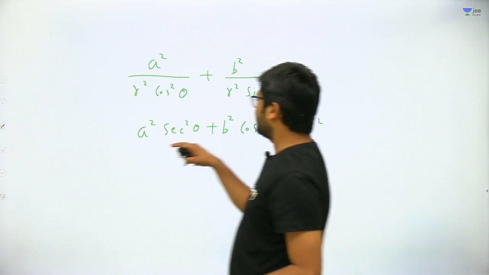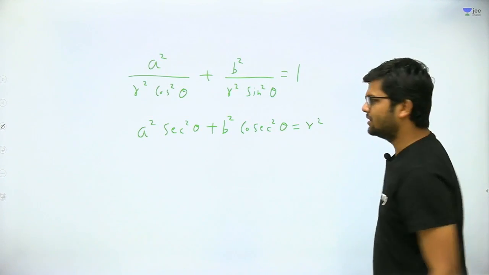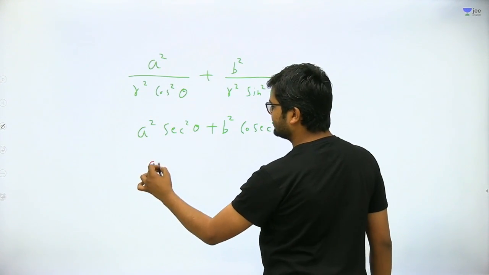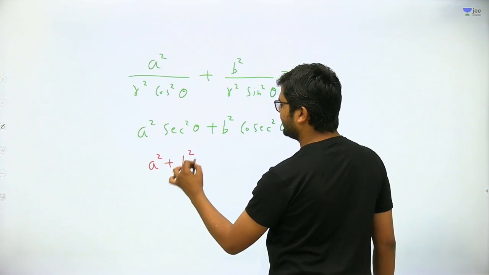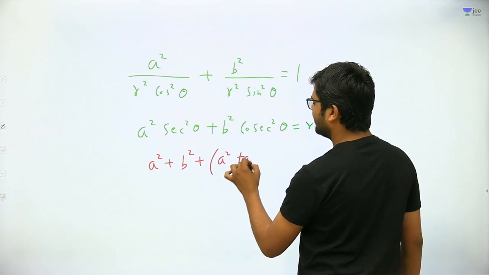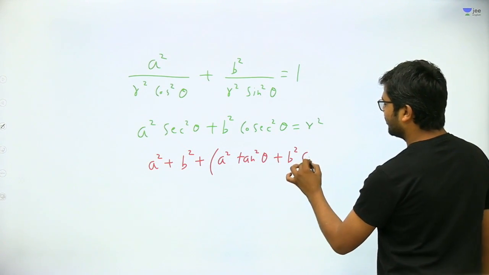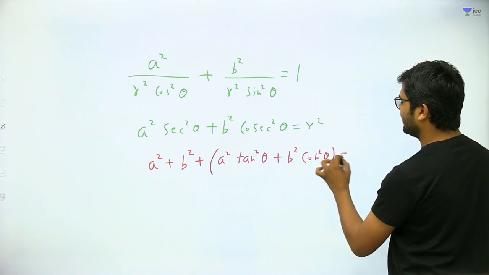I have discussed this expression in the previous session, how to minimize it. Just write secant square theta as 1 plus tan square theta and cosecant square theta as 1 plus cot square theta. So it will come out to be a square tan square theta plus b square cot square theta is equal to r square.